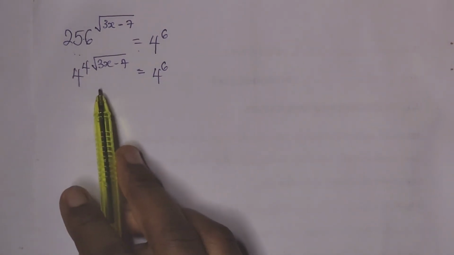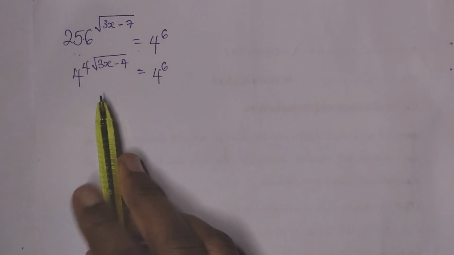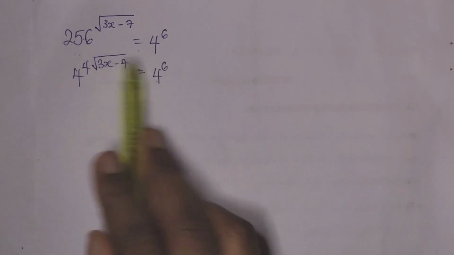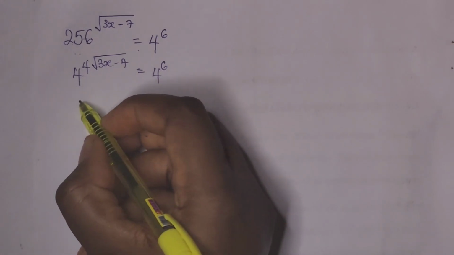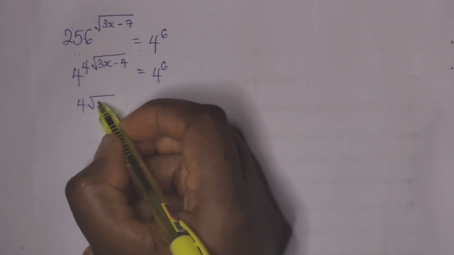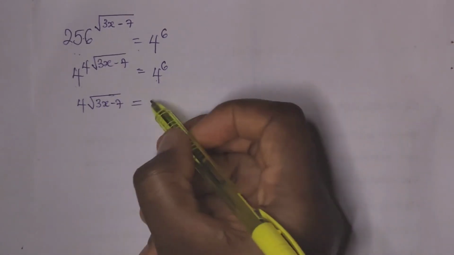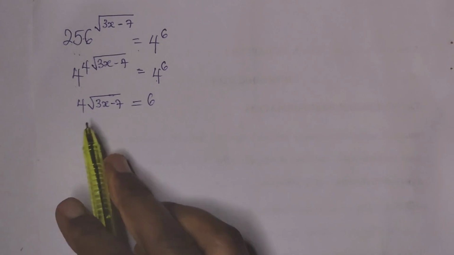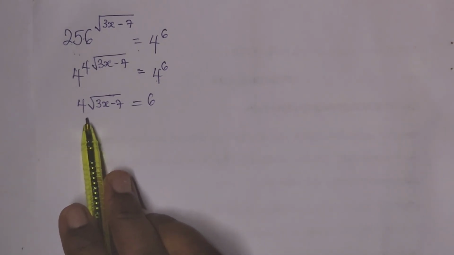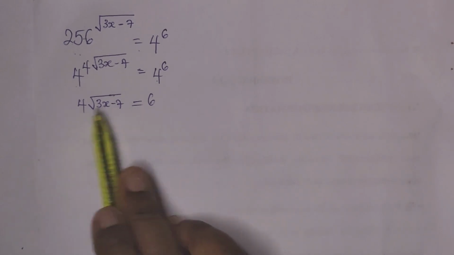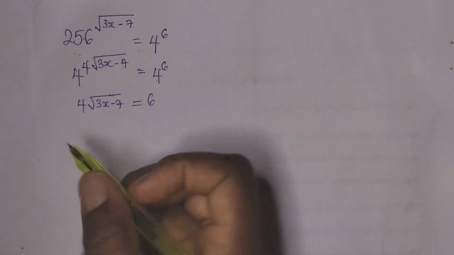So from here, since the bases are the same now, we take the exponent. So we then have 4 root 3x minus 7 all equal to 6. So we can still reduce this equation by dividing through by 2.